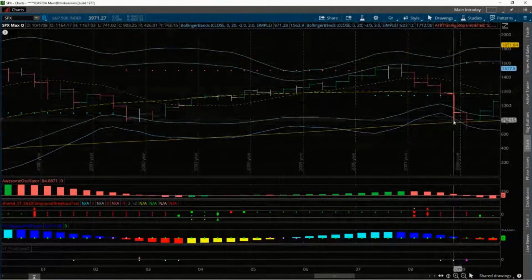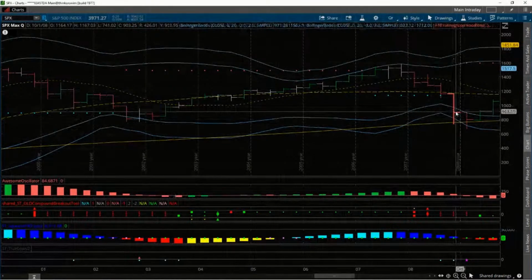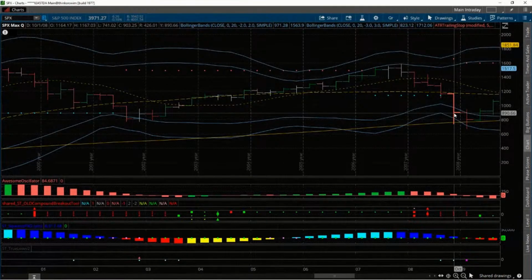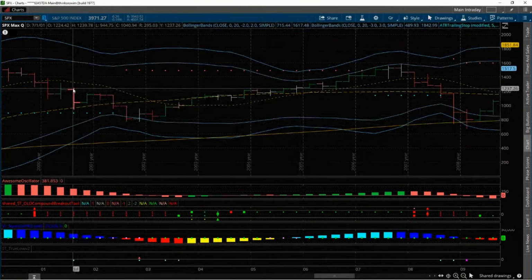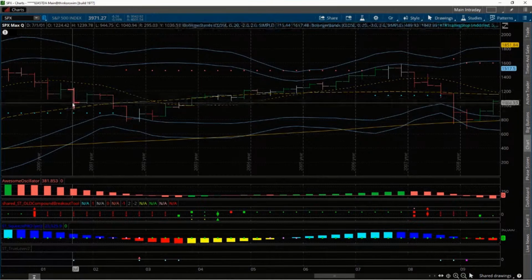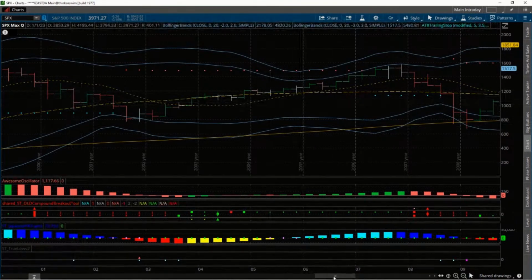Even though they have the biggest range, they usually get a little bit of a bounce up after that happens. So here, for example, in 2008, the low of the quarter was 741, but we closed the quarter at 903. Back here in the early 2000s, the low of the quarter was 944, but we closed the quarter at 1040. So a little bit less than 100-point bounce up from the lows.